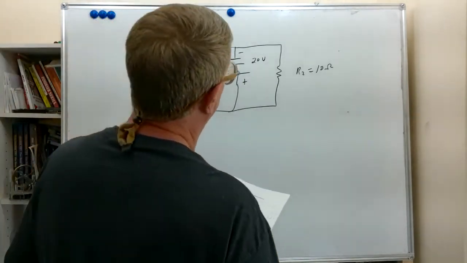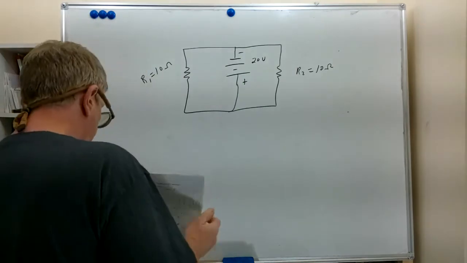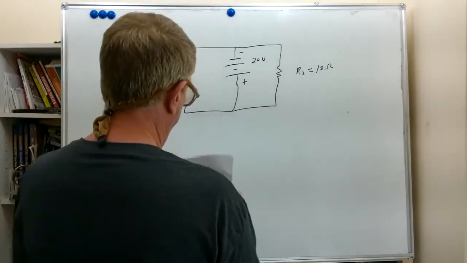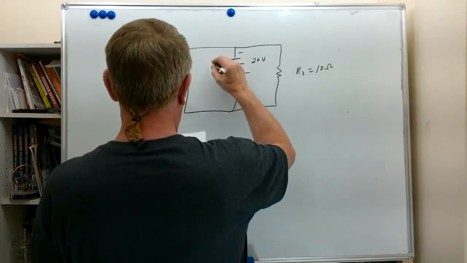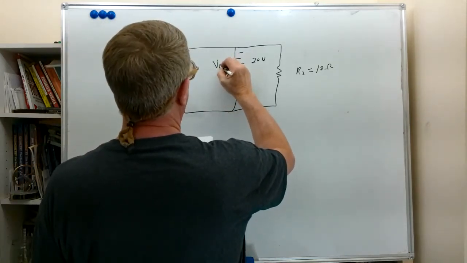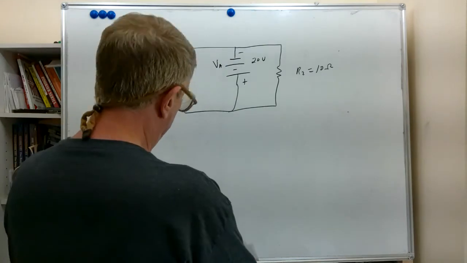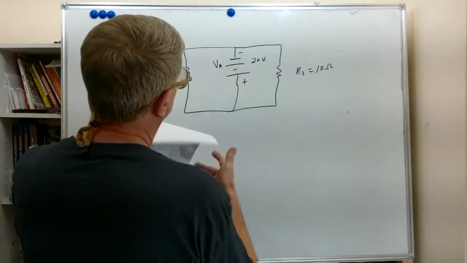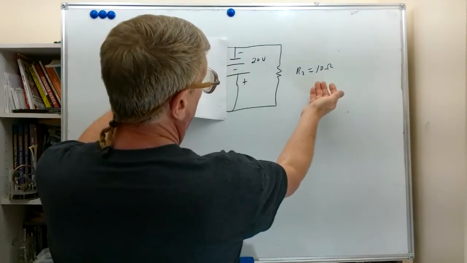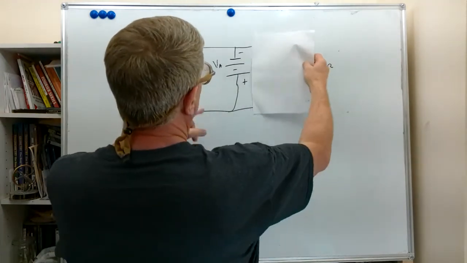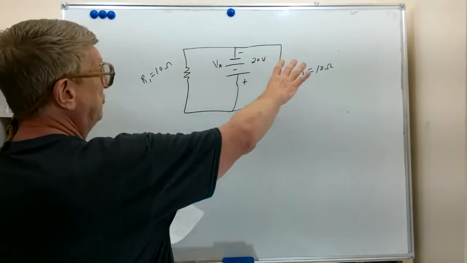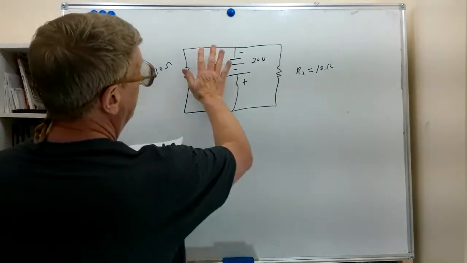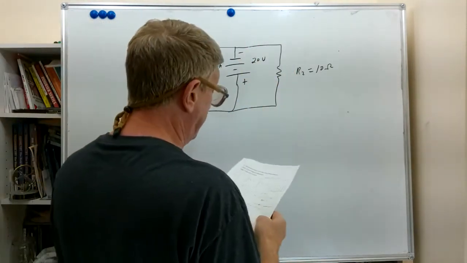Now, what do we observe here? The applied voltage, we'll call this VA, voltage applied, appears across R2. It also appears across R1. And you can look at these two circuits, these two halves of the circuit, independently.